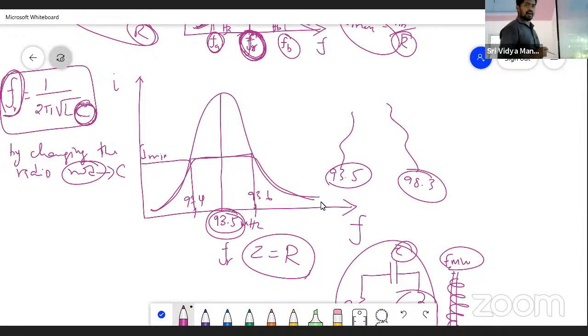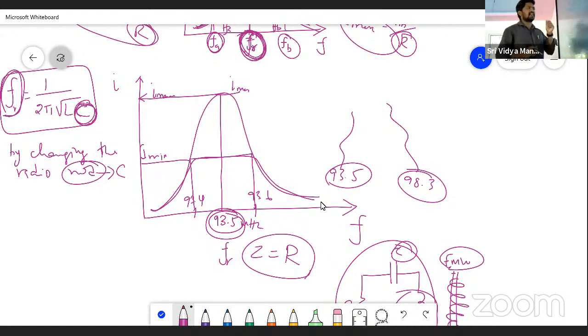Z is equal to R, so the current is maximum. These frequencies should be received, and the remaining radio station frequencies should be rejected. That's why the circuit is called a filter circuit. Only the frequency at the Fr value of 93.5 MHz is selected.